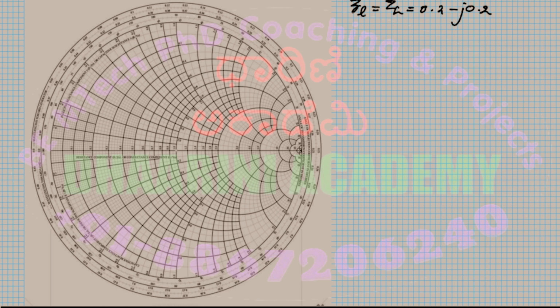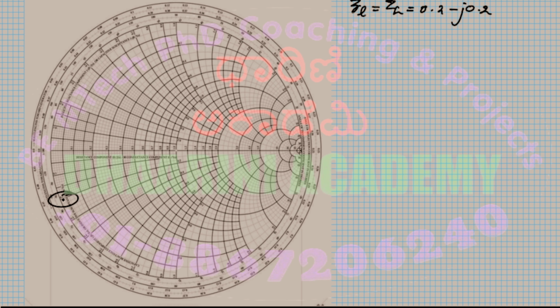Just mark that point first on the Smith chart. I need to trace the constant R circle with 0.2. So I think this is the circle. That's the 0.2 circle. And I also have to find minus j0.2.